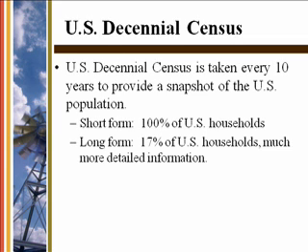Two forms have historically been collected, a short form and a long form. The short form is sent to every household in the U.S. and contains 7 basic demographic questions on age, race and ethnicity, marital status, etc. for every household member.